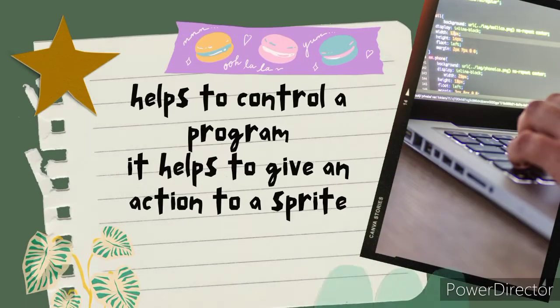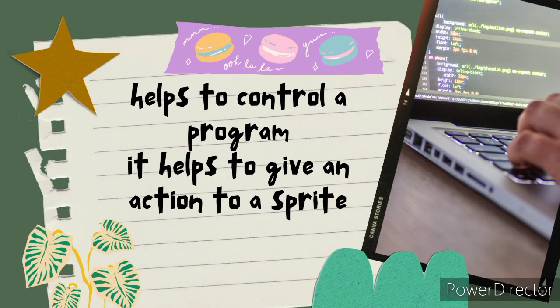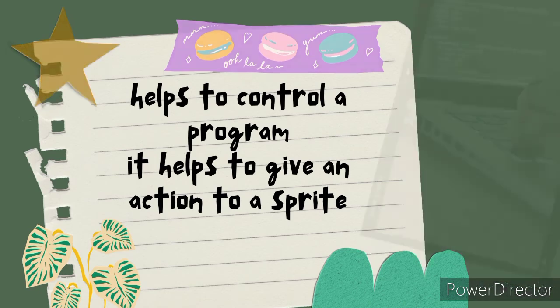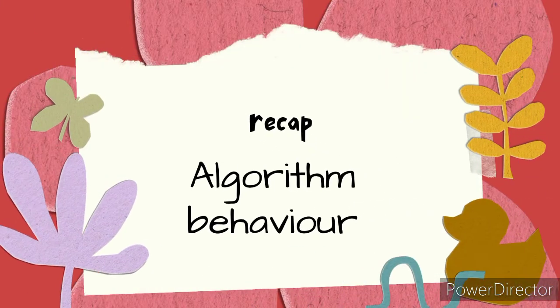So let's see some importance of adding a behavior to our blocks. It helps to control our program, and also it helps to give an action to a sprite. Not to worry, we're going to discuss more on sprite in our subsequent class.